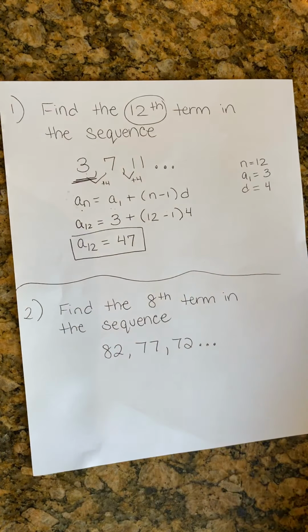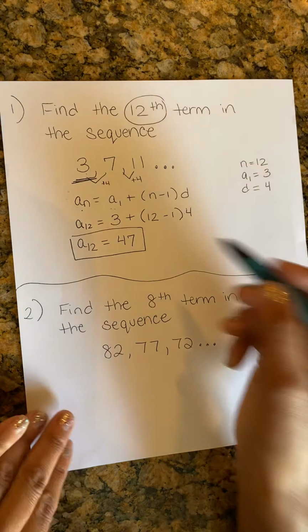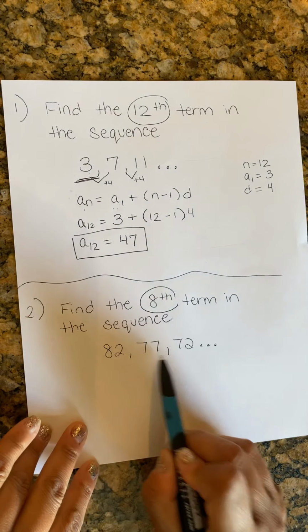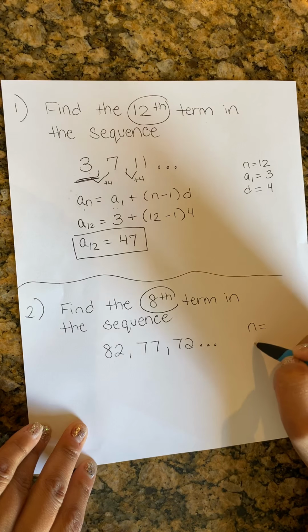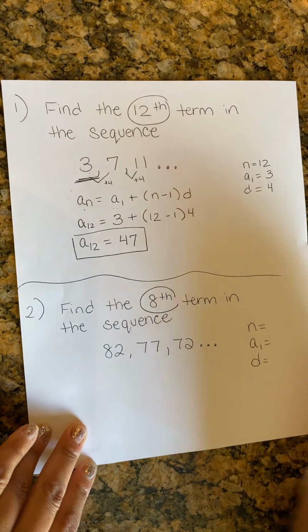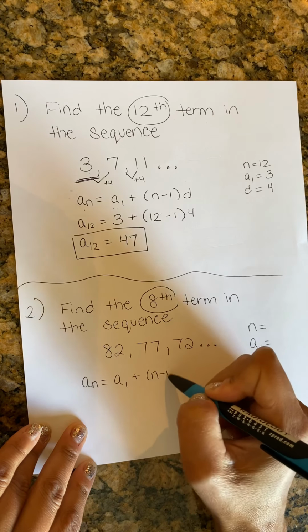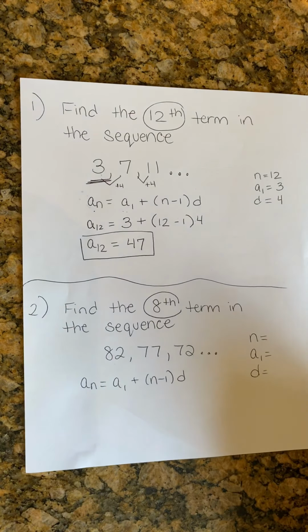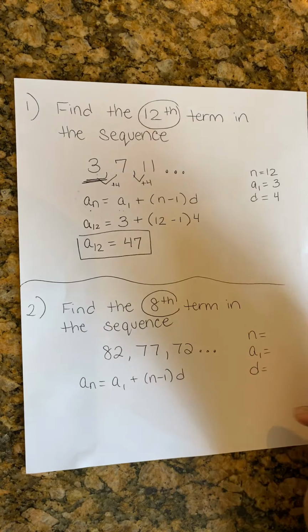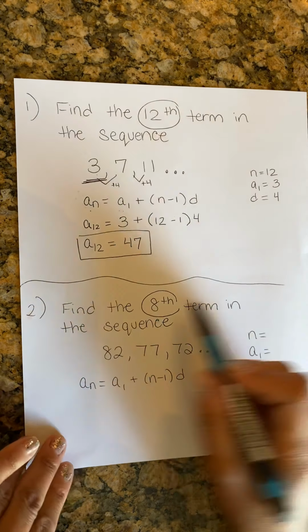All right, let's do one more. So find the 8th term in the sequence 82, 77, 72. We are going backwards. So first thing I do is write down what my formula is. Next thing I do is I figure out my terms. So n is what you're looking for.